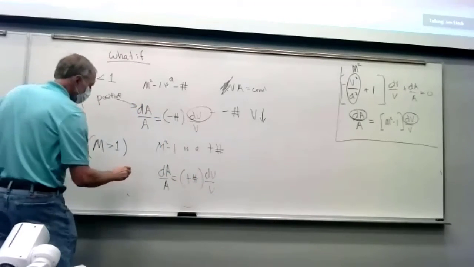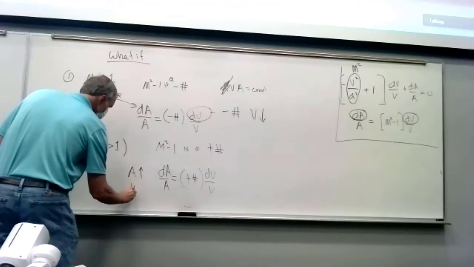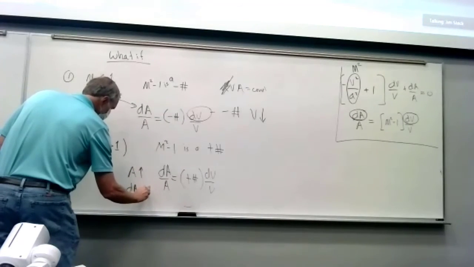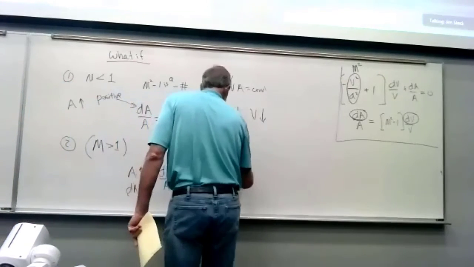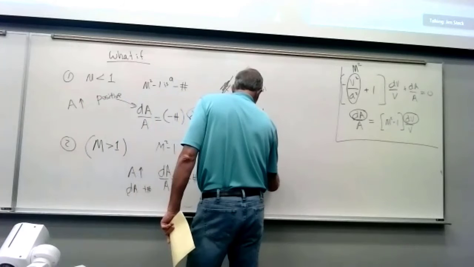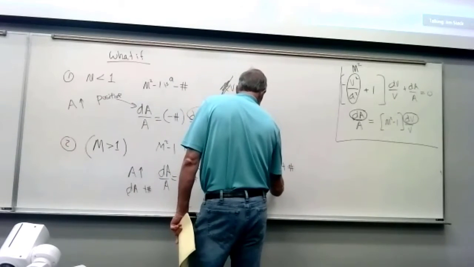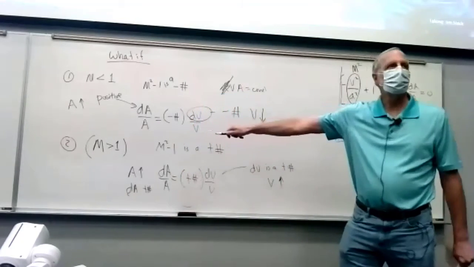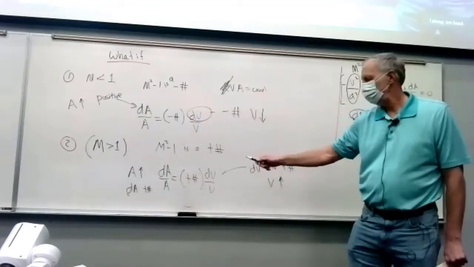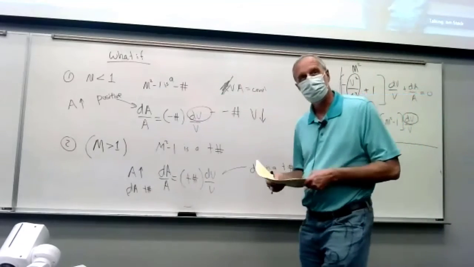Same scenario, let's say A is increasing, so dA is a positive number. Positive number, so that means that dV is a positive number, according to the equation, which means the velocity is going up. So in supersonic flow, increasing the area makes the velocity go up. And you go, why? What the heck?